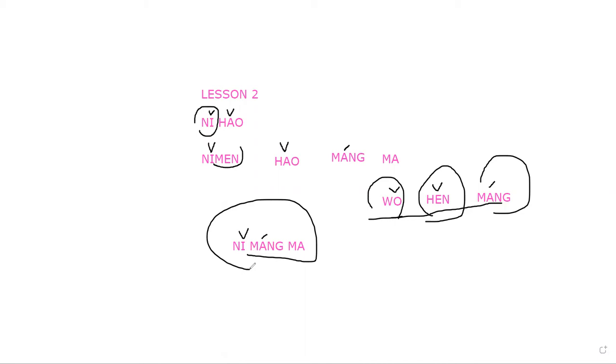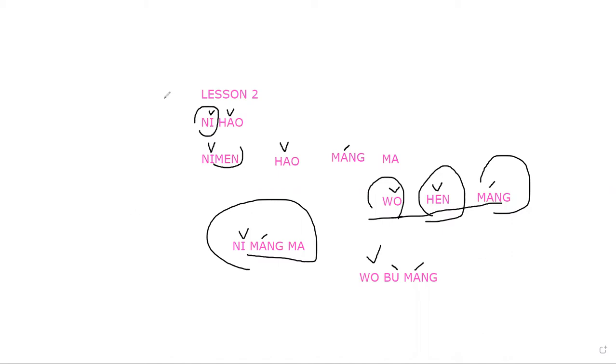Ni mang ma. Is it clear to you? Ni mang ma. I will say wo hen mang, I'm very busy. If I say I'm not busy, wo bu mang. Bu is not. Repeat after me. Wo bu mang. Bu has a falling tone. Wo bu mang. Is it clear to you?